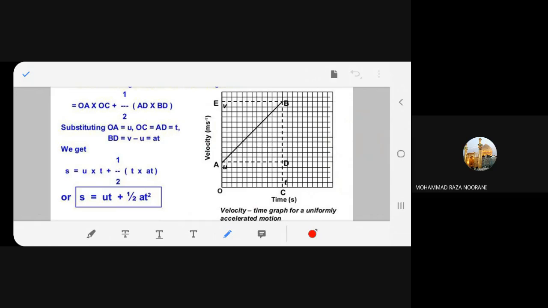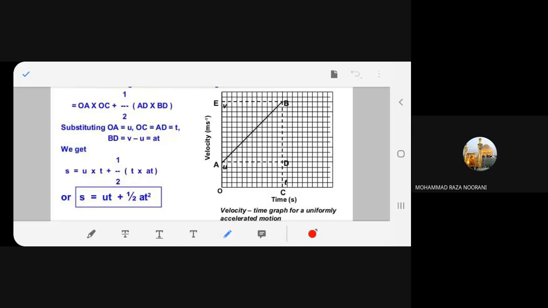No, ma'am. If at all you are not following me, please stop me. The main thing is understanding. If you understand, then only you can derive. That's why I'm going slowly. So what do I get?